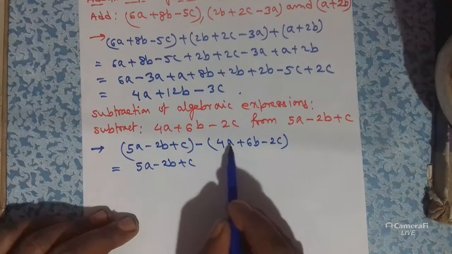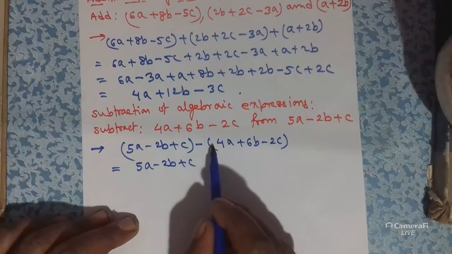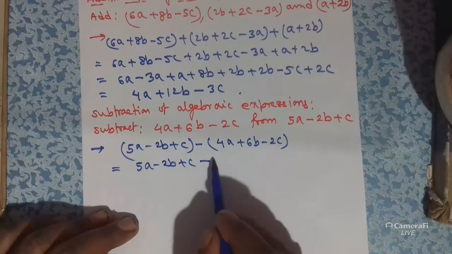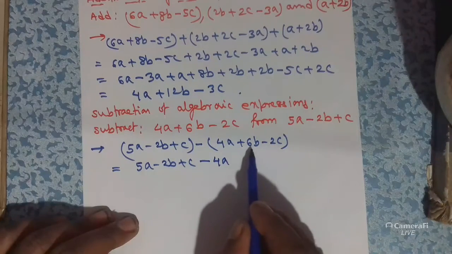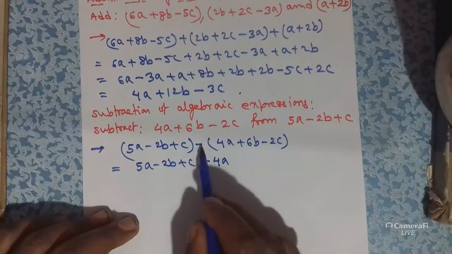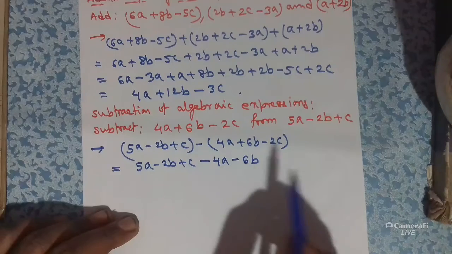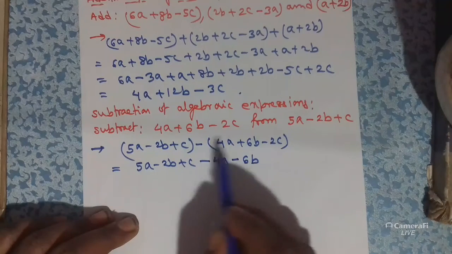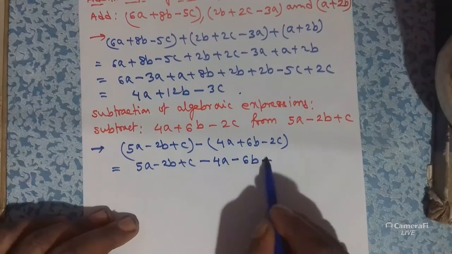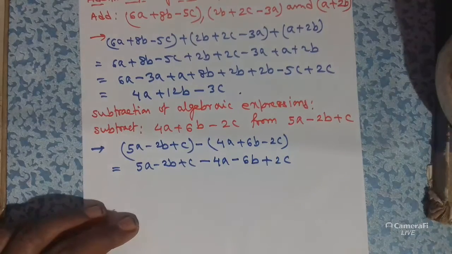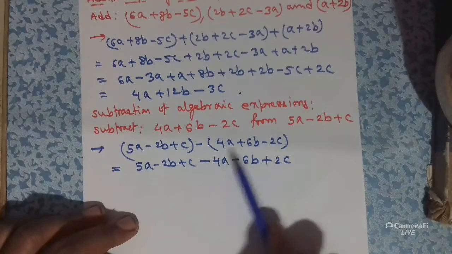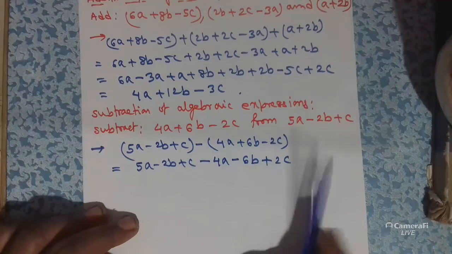Here 4a means plus 4a, so plus multiplied by minus is minus 4a. It is plus 6b, so plus multiplied by minus is minus 6b, and it is minus 2c, so minus multiplied by minus is plus, so it is plus 2c. Students, always remember, when you remove the bracket after a negative sign, the sign must be changed.